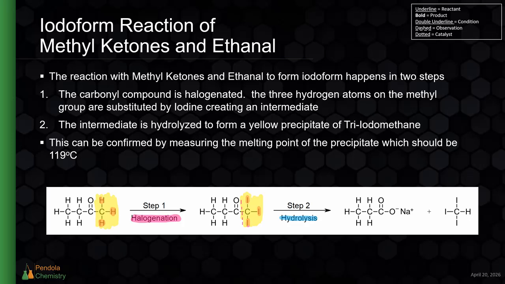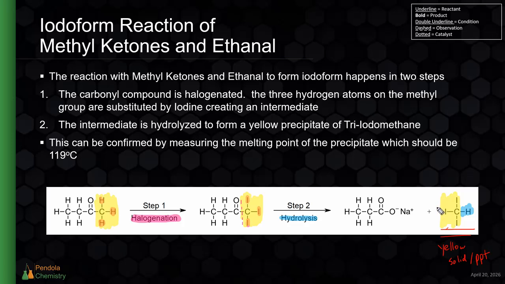So that same carbon is now going to be broken off with its 3 iodines, and a hydrogen is going to be added from the hydrolysis, creating iodoform. This right here that we have as a result is iodoform, which is a yellow solid or a yellow precipitate, as we saw earlier. So that's what the iodoform creates.